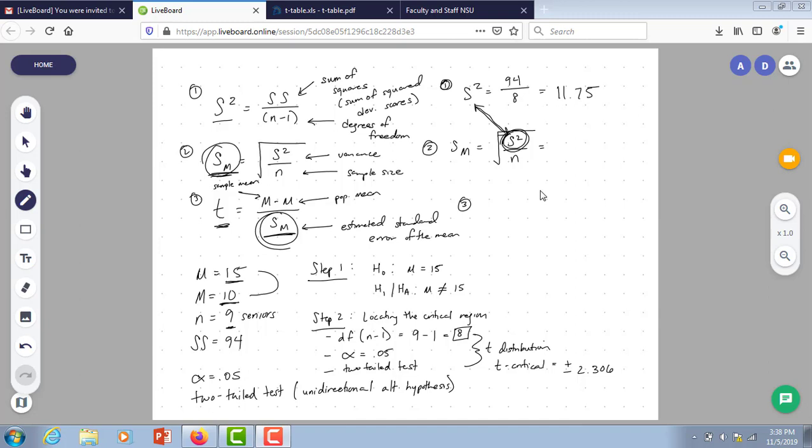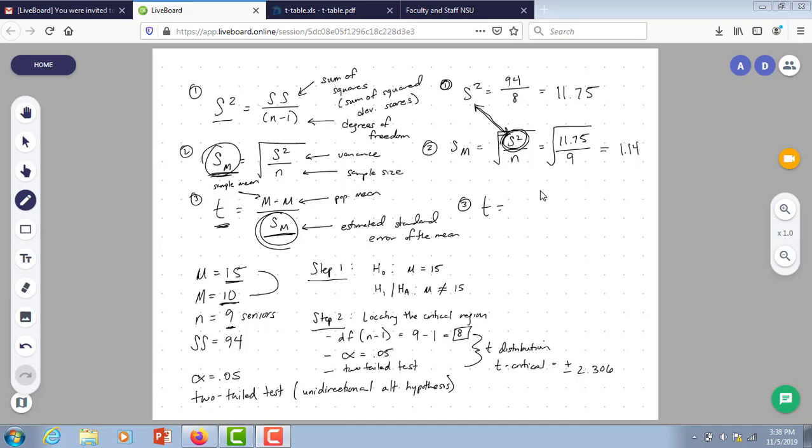So in our case, we're going to stick 11.75 in the numerator over your sample size, which is 9, and you'll take the square root of it. 11.75 divided by 9, and then the square root is taken, you should end up with 1.14. And then finally, you will calculate your t.